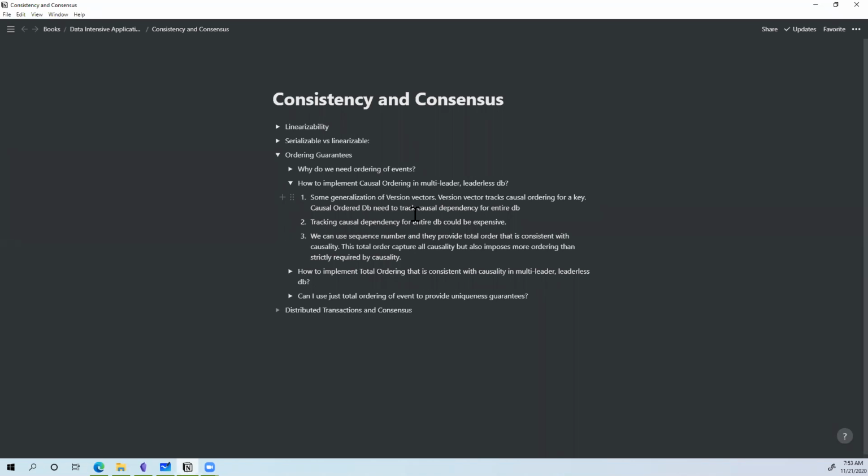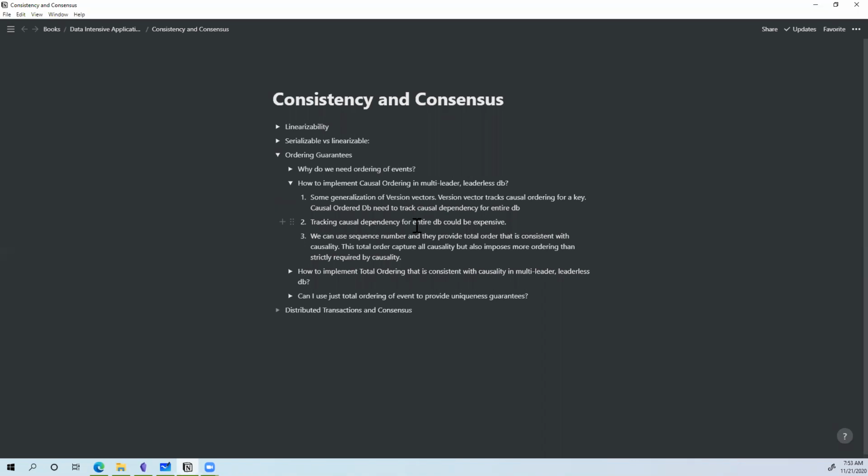Sequence numbers would be used in such a way that a sequence number which is lesser on one node tells us that this event happened before, and if it's more, we know that this event happened later.